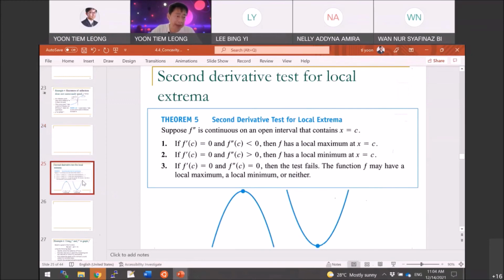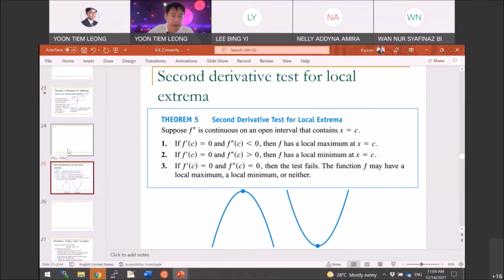This is the idea of theorem 5. You look at a function and try to see if f prime at c is 0, and see whether f prime prime is also nonzero. So you check f prime for the function and see whether it is 0 or not. Then you check the sign of f prime prime at c.